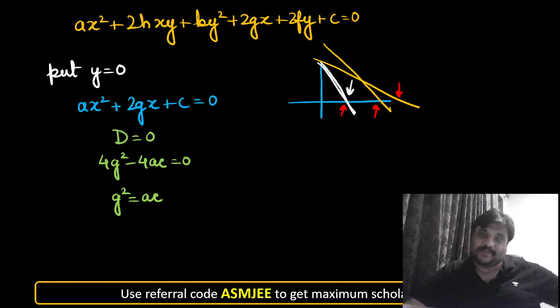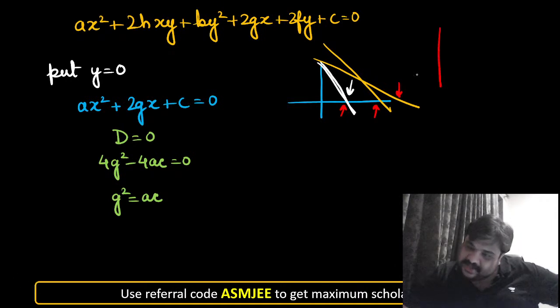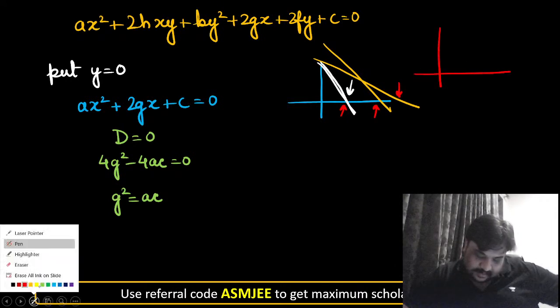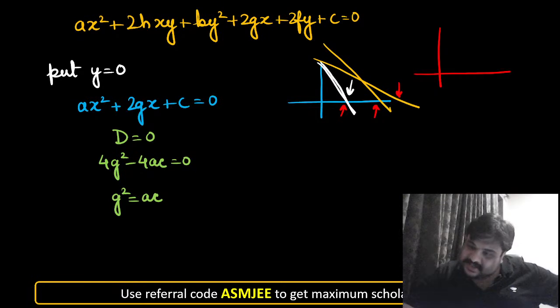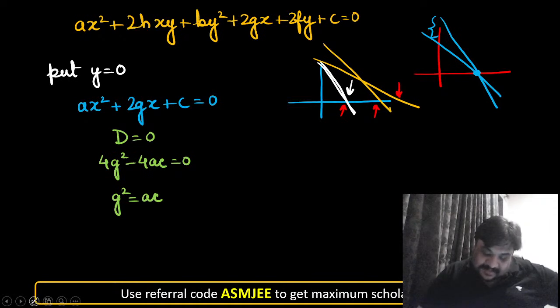And note that this should be applicable for the y-axis also. It shouldn't be the case that it has only one point of intersection with the x-axis, but for the y-axis it has two. So we will apply a similar thing for the y-axis.